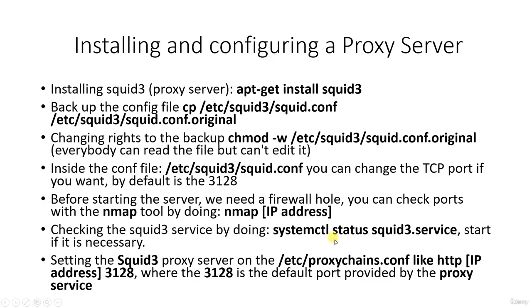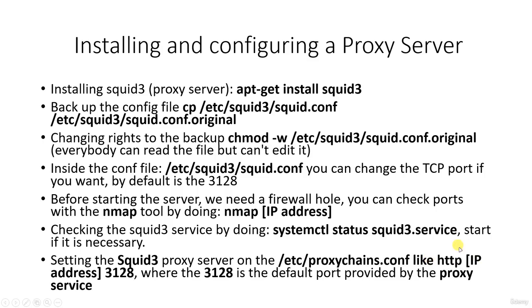Check the Squid3 service by doing this command, which will start the service, and if necessary you will need to do all of this. Then set up the Squid3 proxy server using this directory and configuration file.